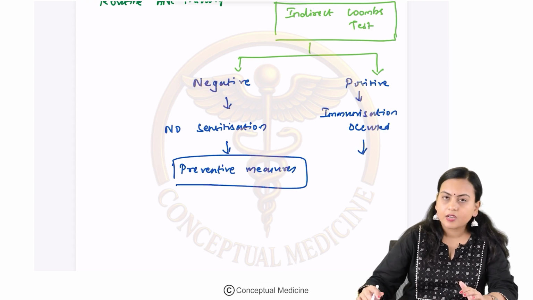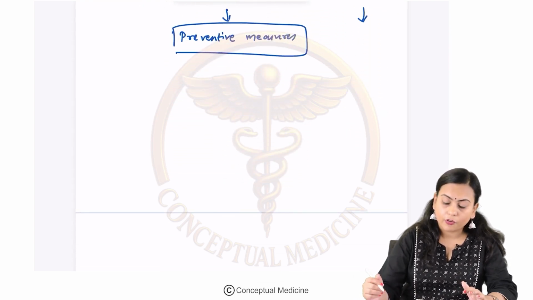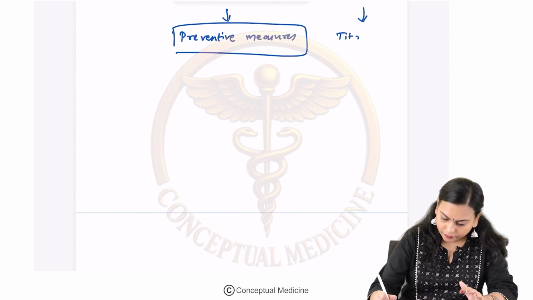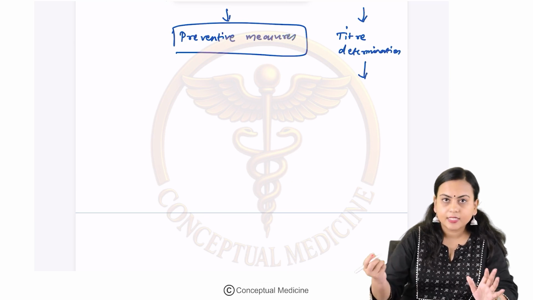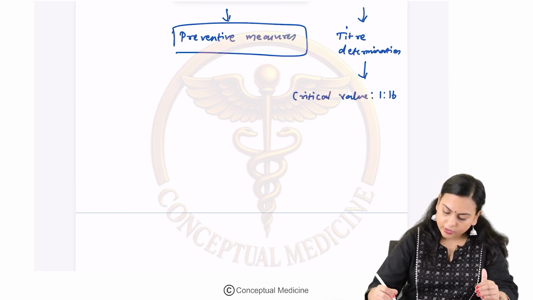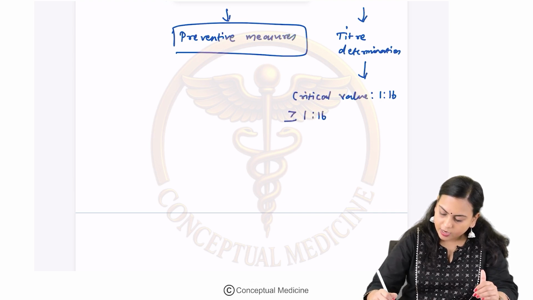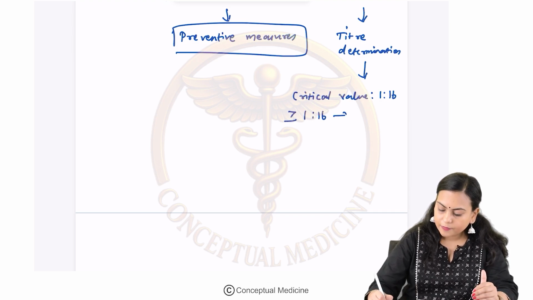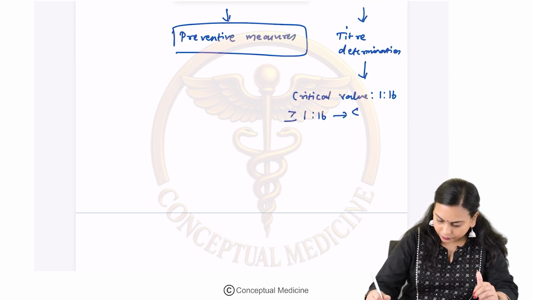Okay. Then we have to go for titer determination. Okay. See, in the ICT titer, there is a critical value of 1:16. Okay. So whenever the titers are more than 1:16, then the antibodies can cross the placenta.